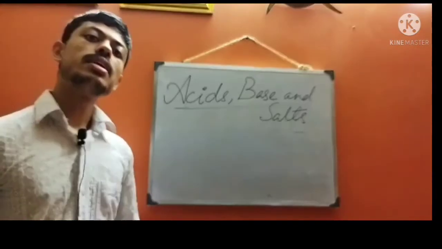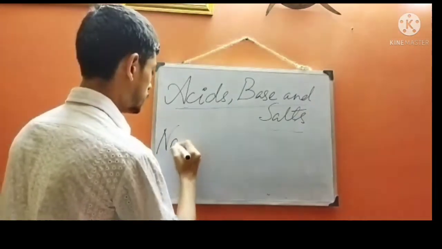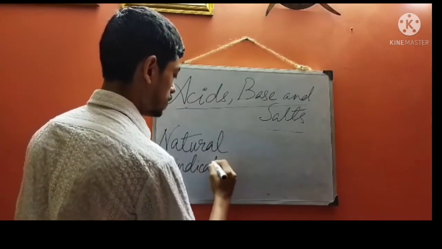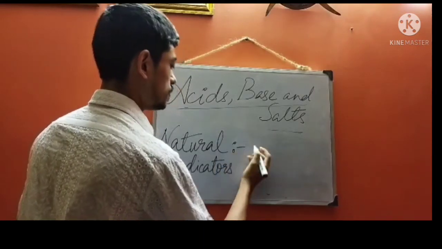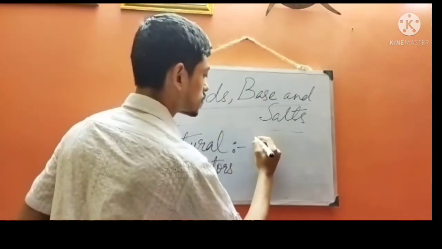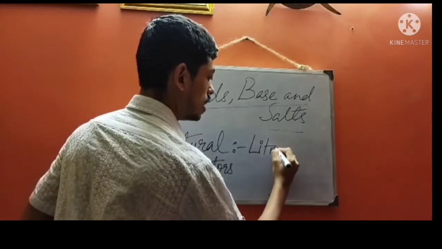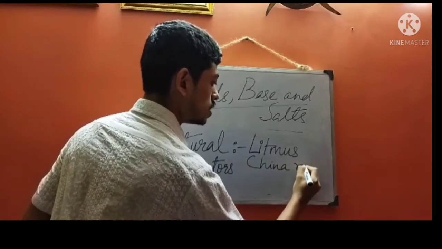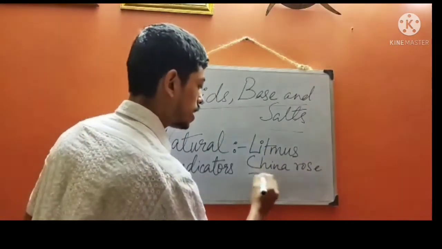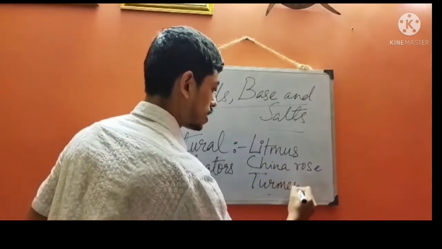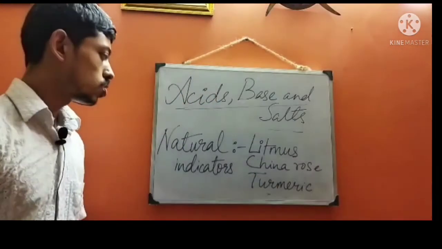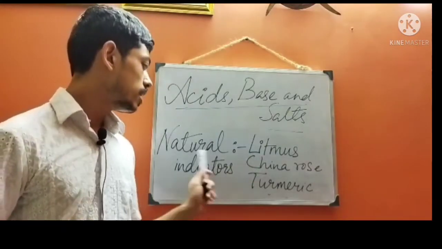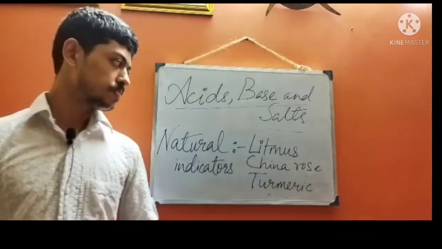Now what comes under natural indicators? Litmus, China rose and turmeric fall under the natural indicators category.